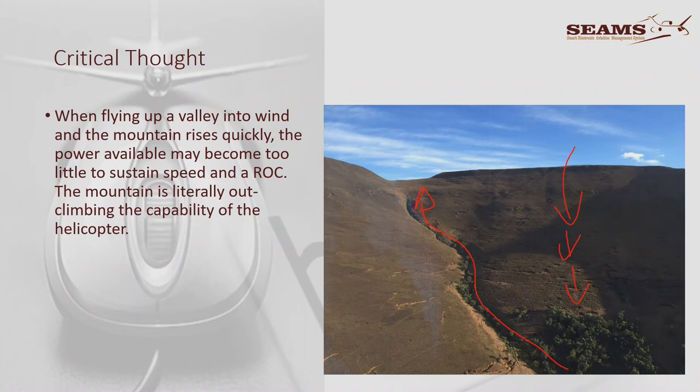All right. So the mountain rises very quickly in this latter part here. And the power that you have might just be too little to get you over the top. So the mountain here is literally out-climbing, or outperforming, the capability of the helicopter.